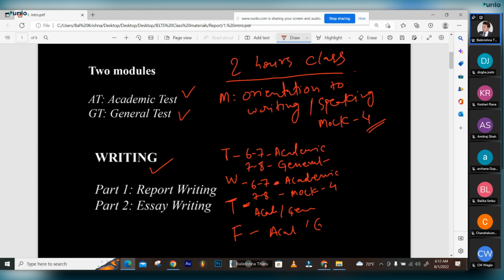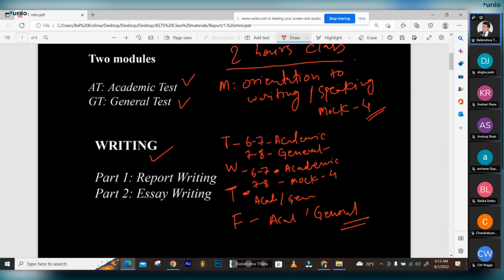So this is how we're going to cover both the academic writing and general writing, part 1. This is only part 1. Next week, we're moving on to essay. Essay is the same for both academic and general students.